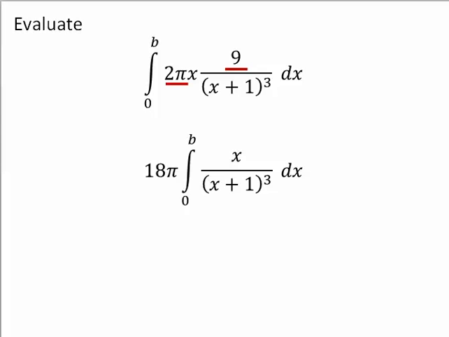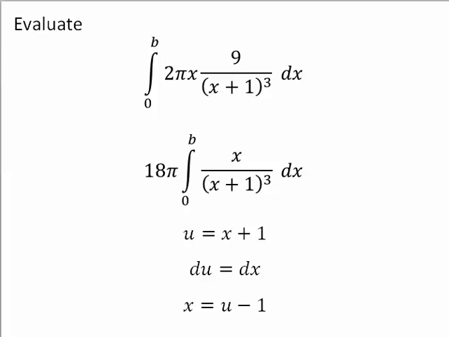The best u substitution in this case would be u equals x plus 1. And do you see the x plus 1 in the parentheses there? So that's a pretty simple but powerful substitution. If u equals x plus 1, then du equals dx, and I also need to know what x is, so solve for x.